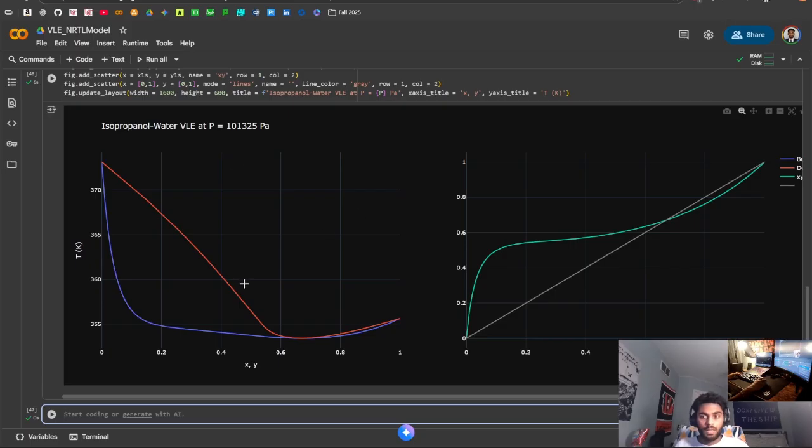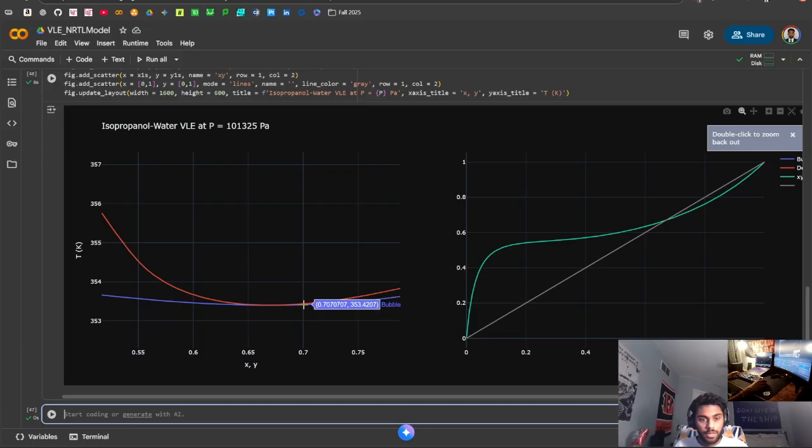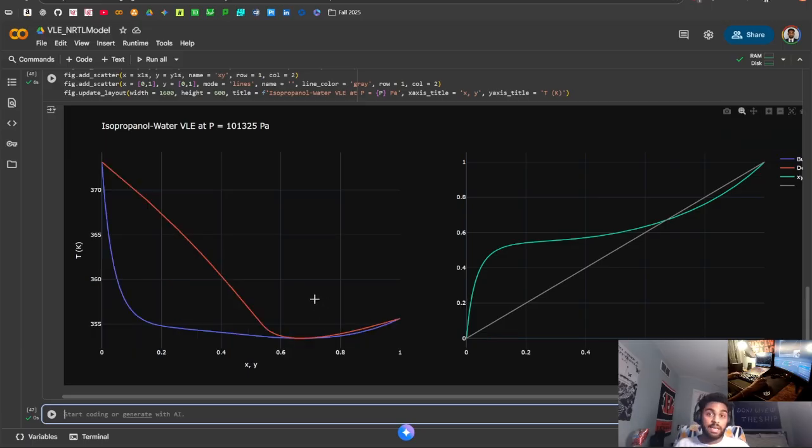Right. So we see down here that we have our bubble curve in this blue. We have our dew curve in this red. And we see there is an area of vapor liquid equilibrium. They seem to almost touch right about there and then come back out. And that is what's known as an azeotrope.